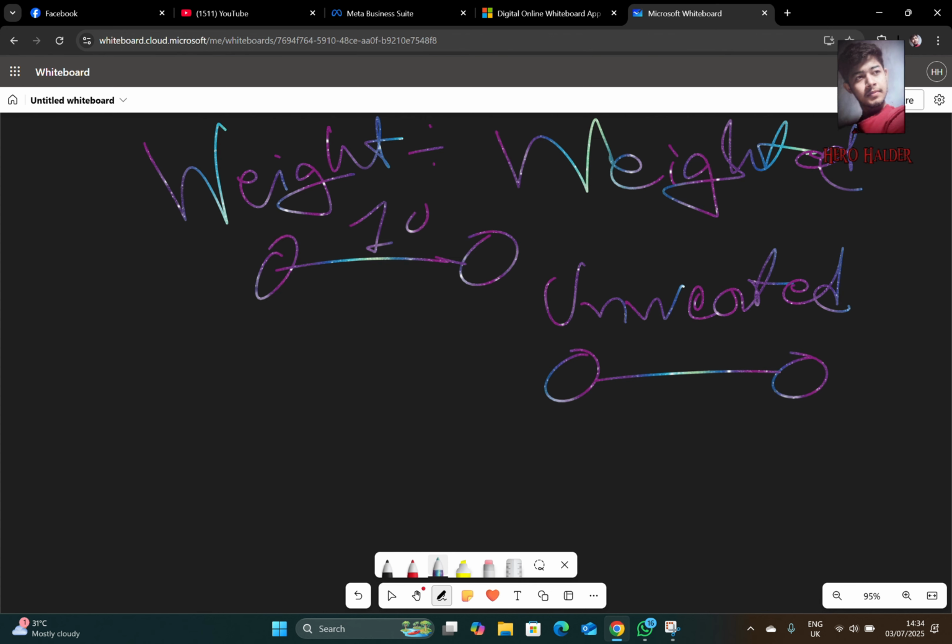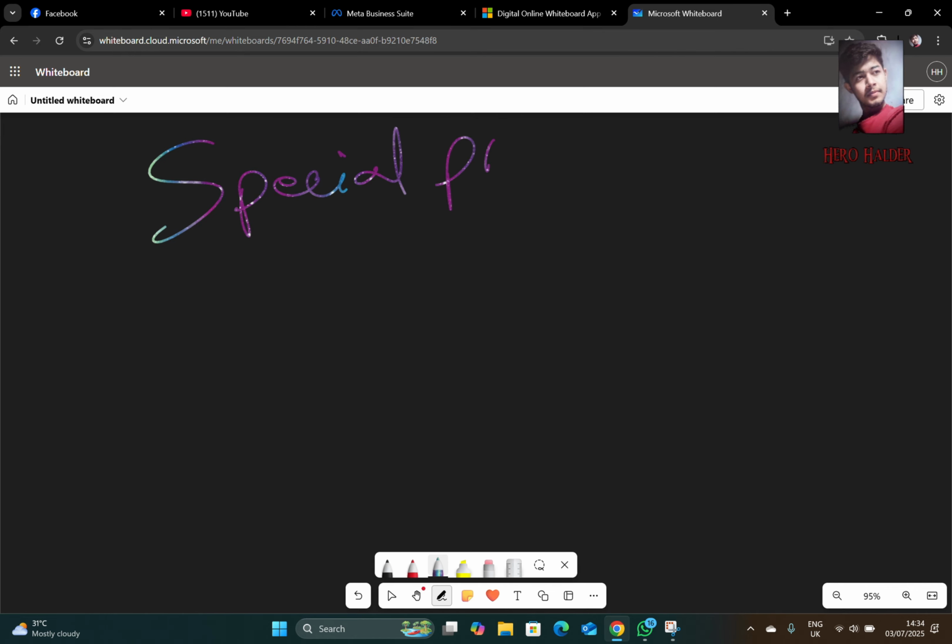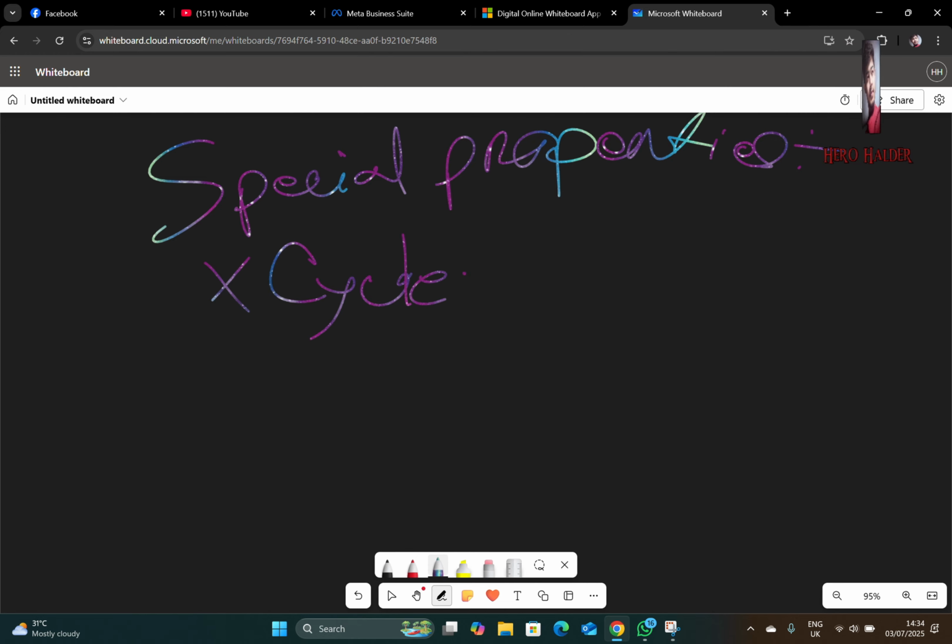Okay. And fourth is depending on its special properties. Depending on its special properties, a graph is divided into four types. At first, cyclic graph. Second is acyclic graph.